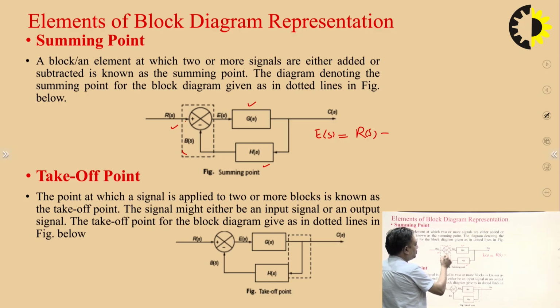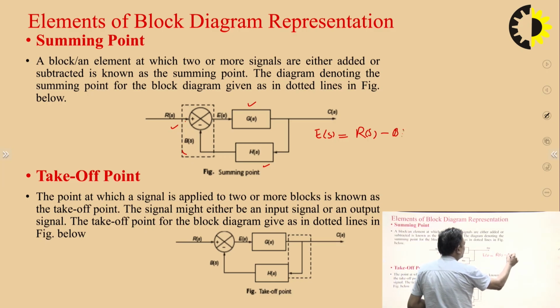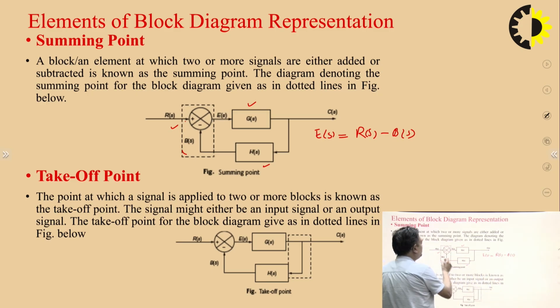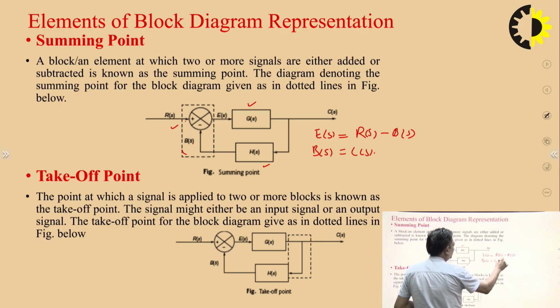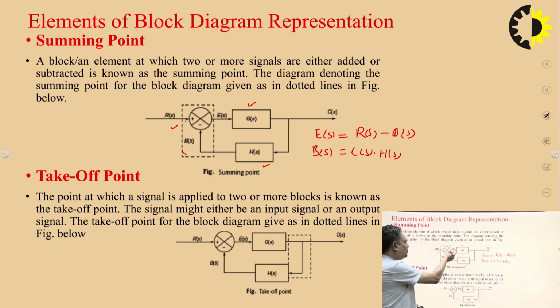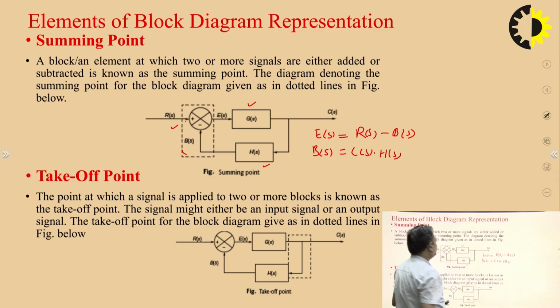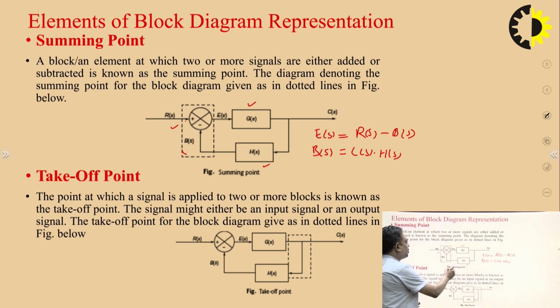B(s) is the signal over here, and it is nothing but C(s) into H(s). That is how we calculate this error signal. And the relation between C(s) and E(s) is C(s) equals E(s) into G(s). So one type of point is this.